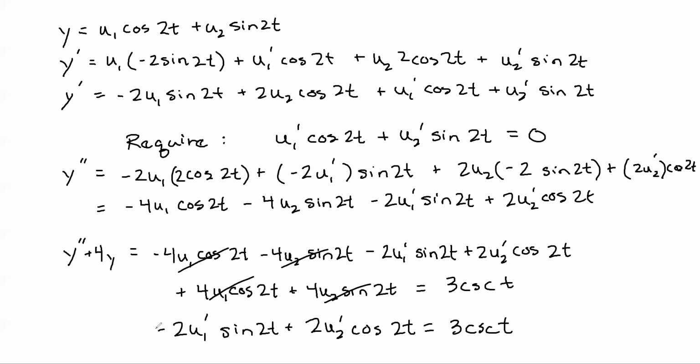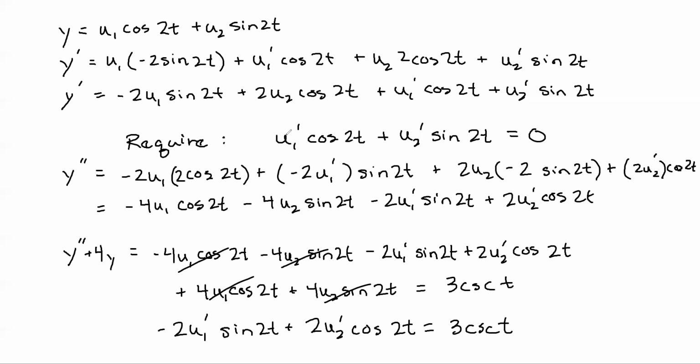Look at this equation that we ended up with. As a consequence of making that requirement, we ended up with an equation that has u1 prime and u2 prime in it. Those are the unknowns. Everything else is known. Look back at the requirement that we had: u1 prime, u2 prime. So now we have two equations with two unknowns, which we can then go through and solve for.